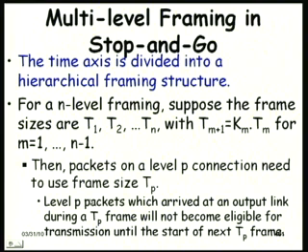So, the level P packets which arrive at an output link will become eligible in the next Tp frame. For the T1 frame, the packets which are using the T1 frame, once they arrive, become eligible in the next T1 frame, and those in the Tn frame will become eligible in the next Tn frame.